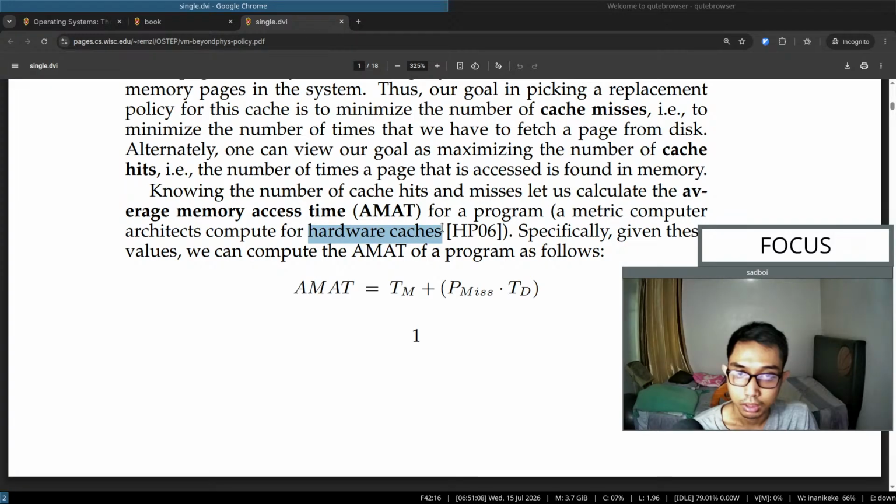I assume this is some kind of metric for the hardware cache, I guess. Maybe average memory access time.